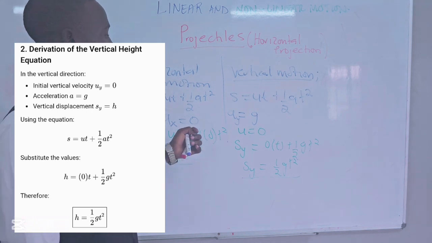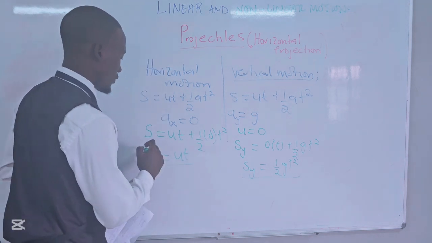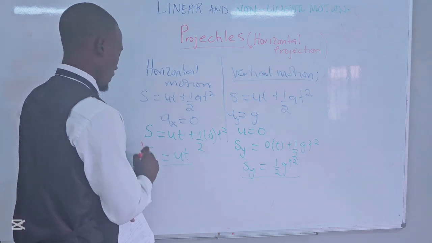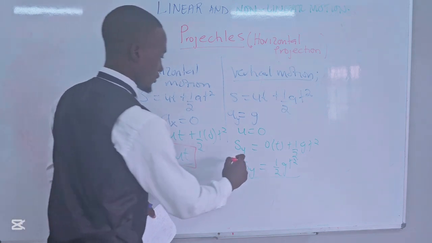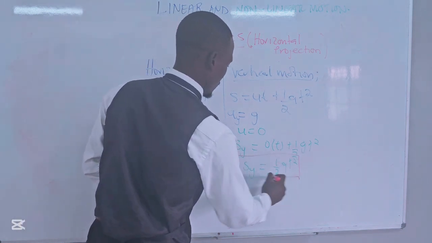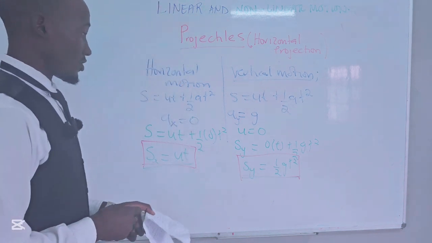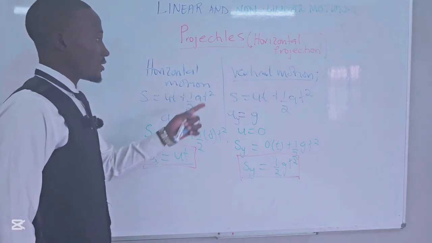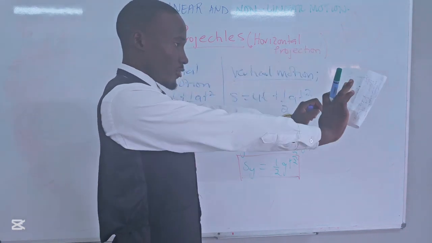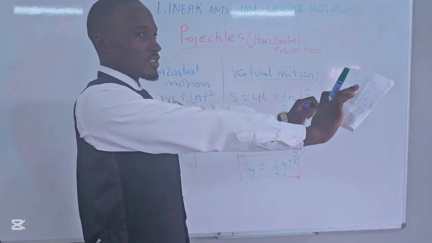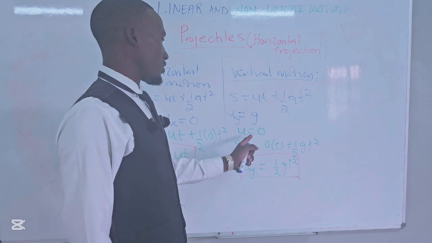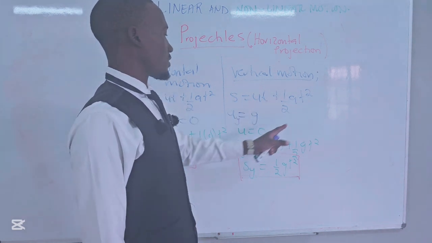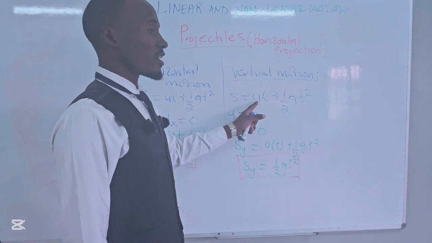So we are going to use these two equations to solve some problems: Sx is equal to ut, and Sy is equal to a half gt squared. How have we got that? If I project anything horizontally, I'm not giving it a vertical velocity. The vertical velocity is 0, so I put a 0 here.